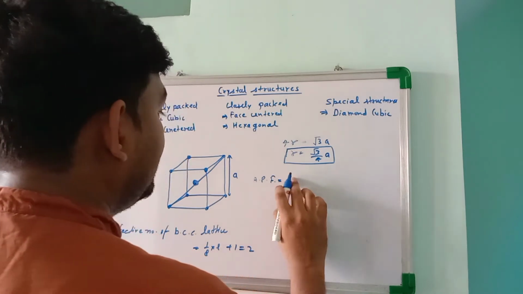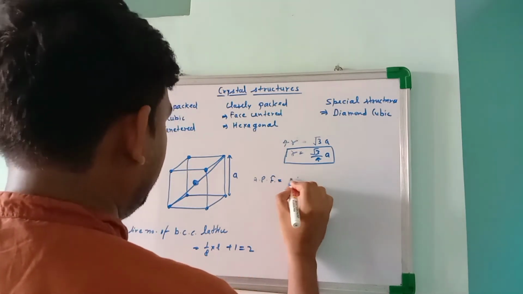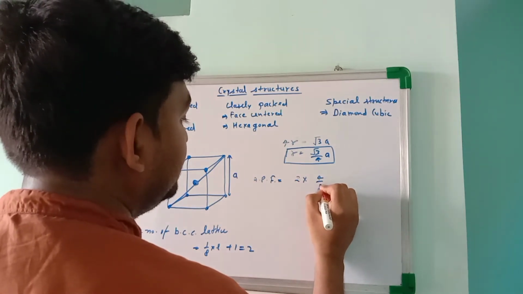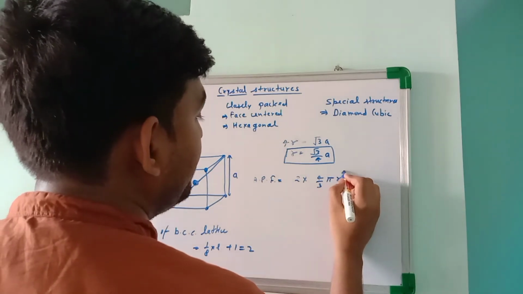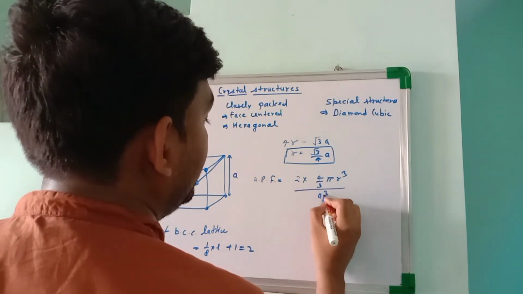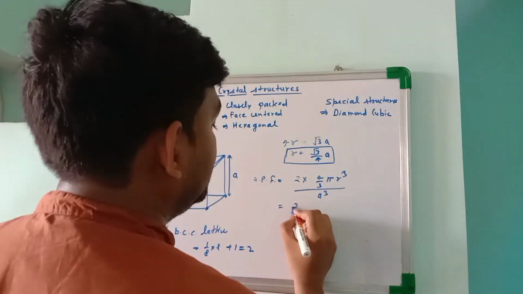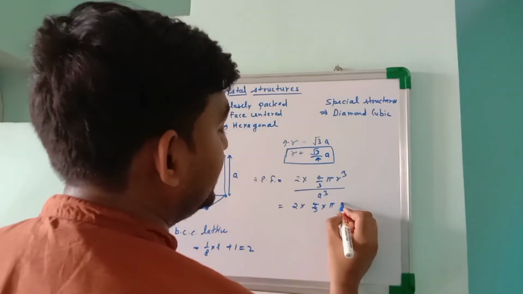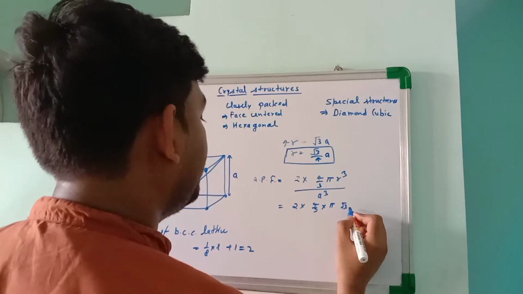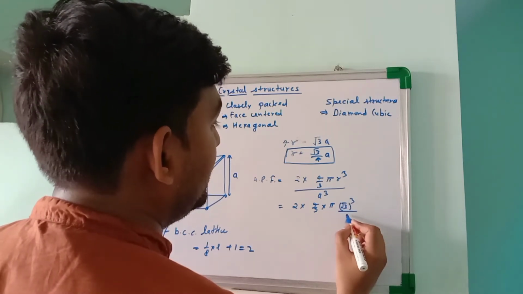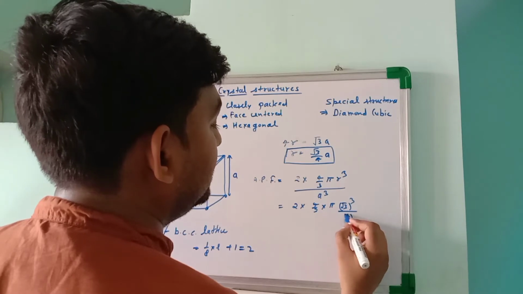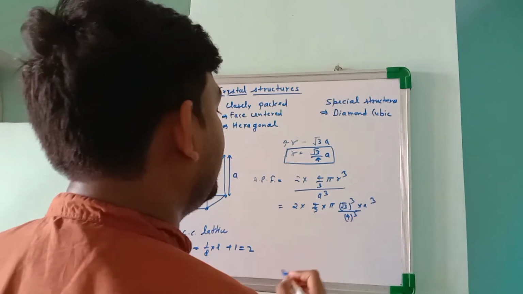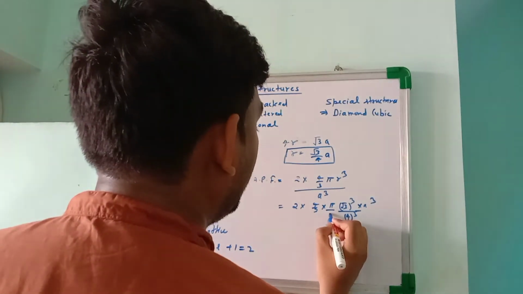So there will be an effective number of atoms 2, and the volume of an atom is 4/3 πr³, upon a³. So 2 into 4/3 π, where r equals √3 a/4.